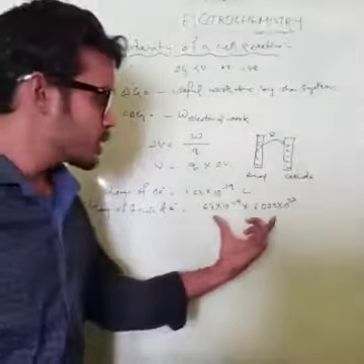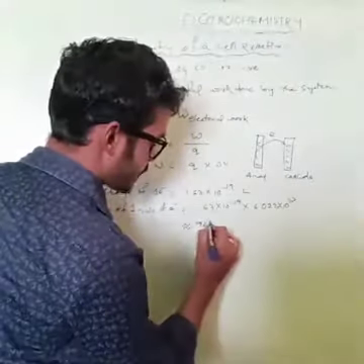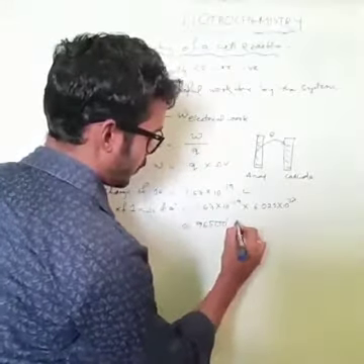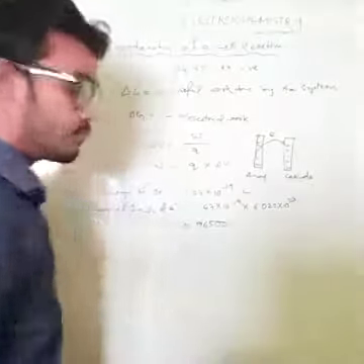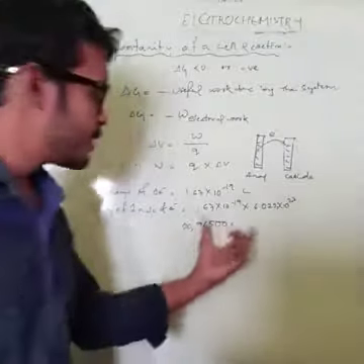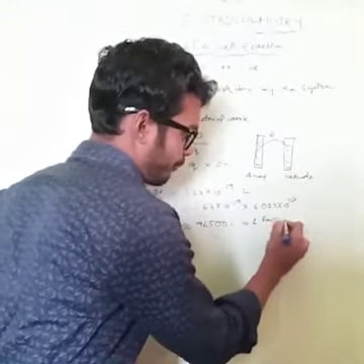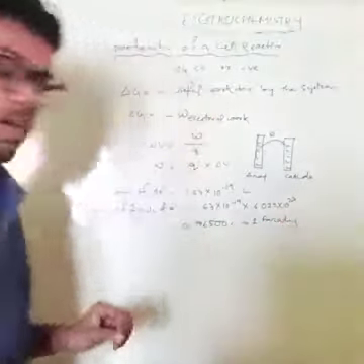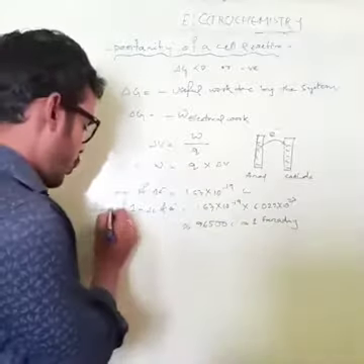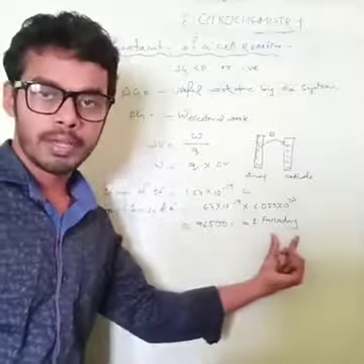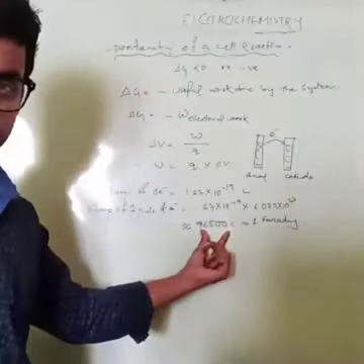This value is approximately 96500 coulomb, which equals 1 Faraday. So the charge of 1 mole of electrons is 1 Faraday, that is the 96500 value.